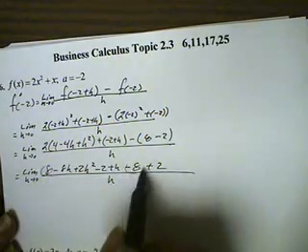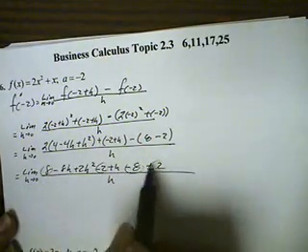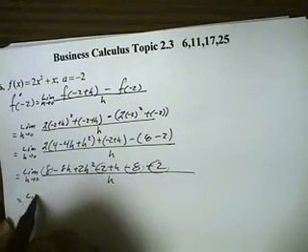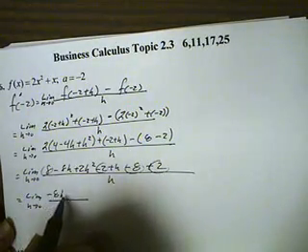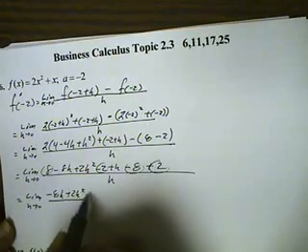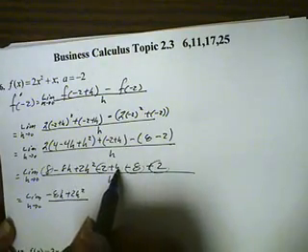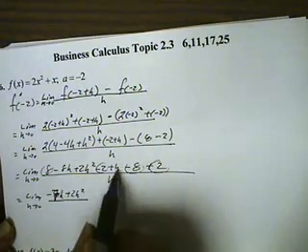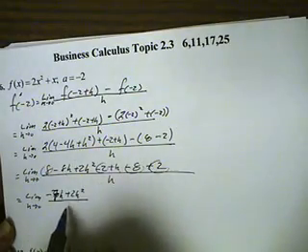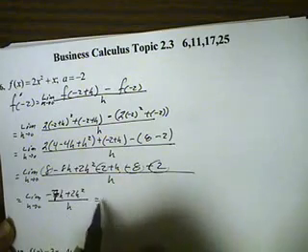Well, the 8's cancel and the 2's cancel. What we're left with is the limit as h approaches 0 of -8h plus 2h squared. I'm sorry, plus that right there would be -7h. Sorry, I didn't add those 2 right there. And that's all over h.